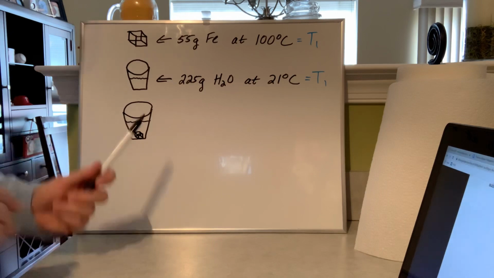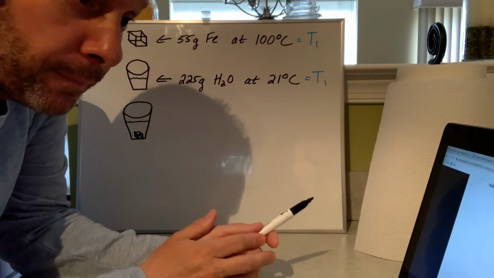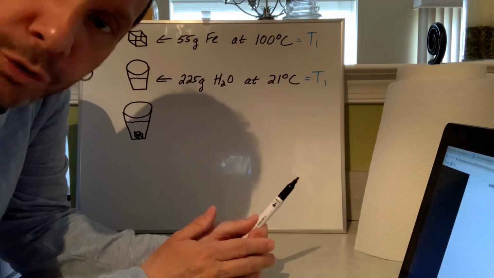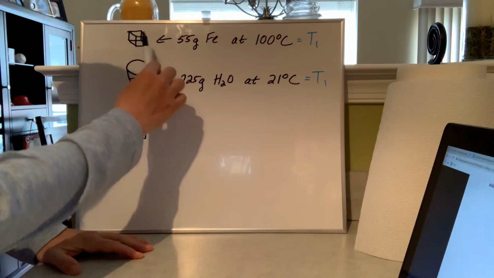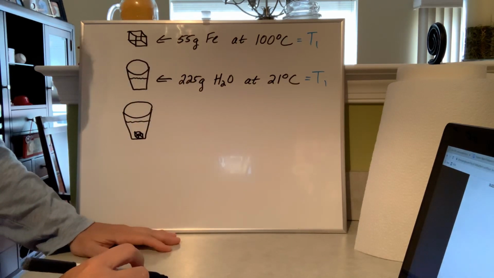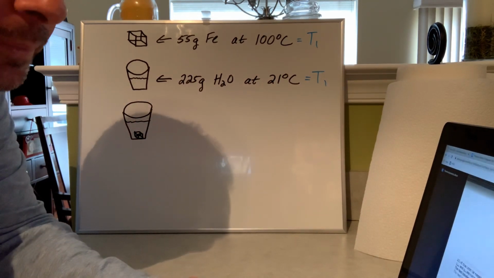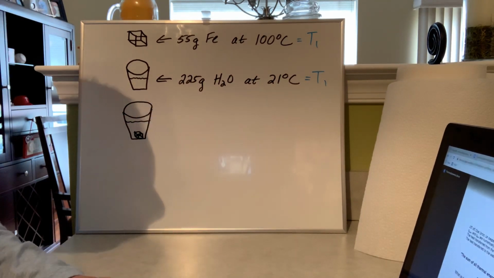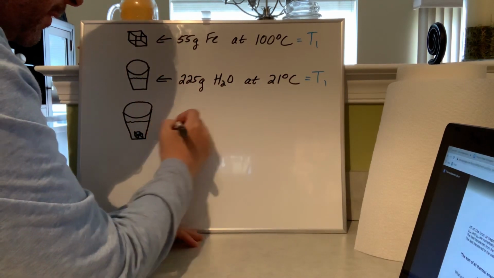Now, if your iron is floating on top, then the laws of physics don't exist on your piece of paper, perhaps. Okay, but if you drop a block of iron into water, it's going to sink to the bottom. All right, now here's what happens. The notes say that the temperatures equalize, okay?